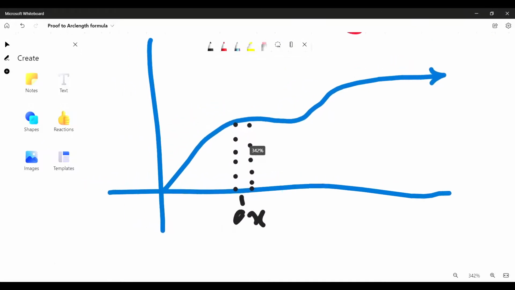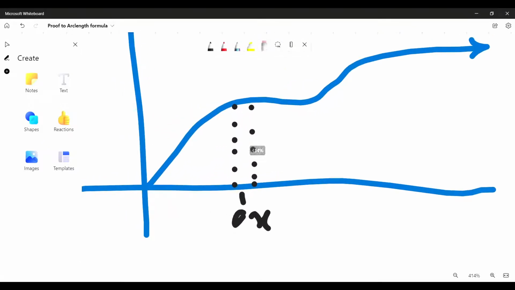For every small dx, we have a dy, so we have a little length here, dl, and we have a dy. And this length is based on this dy and dx.